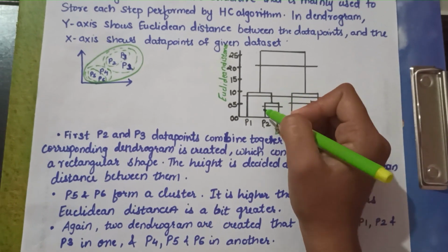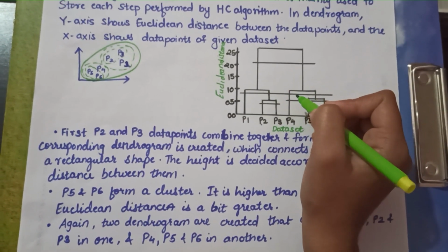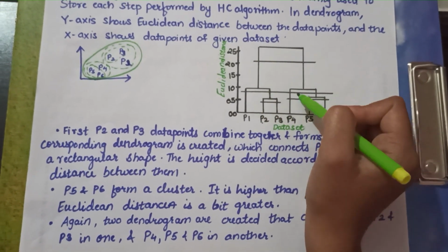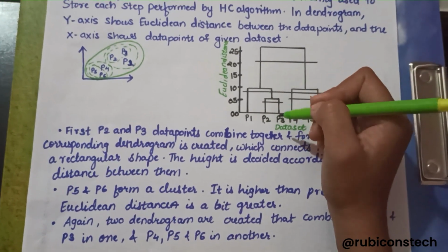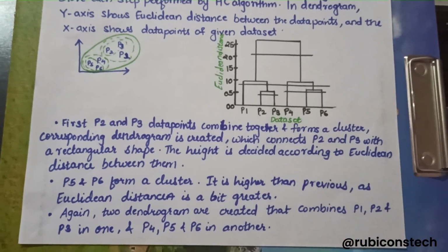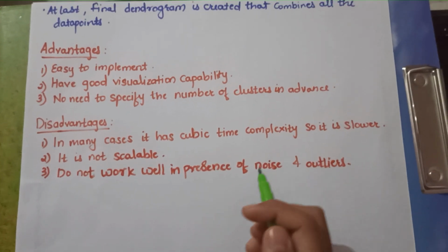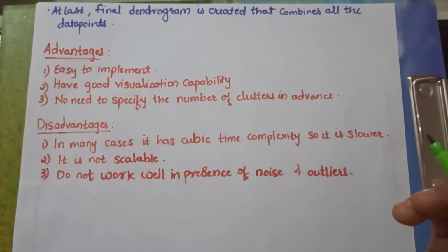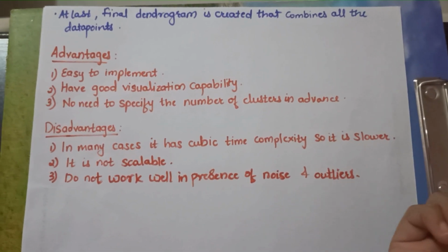And finally all the data points are merged together into a single big cluster. Here you can see the rectangular shape is drawn, and again it represents the Euclidean distance. So this is how we draw a dendrogram for the hierarchical clustering algorithm.